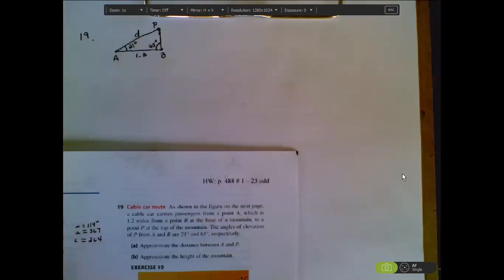If we call that D for distance, or X, it doesn't matter. Then do I have enough to solve for D using the law of sines? Do I have one side and an angle opposite it?